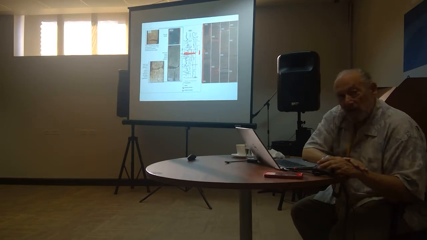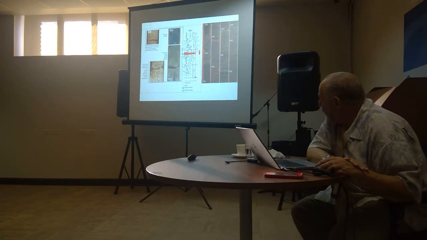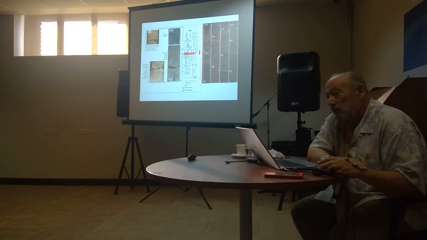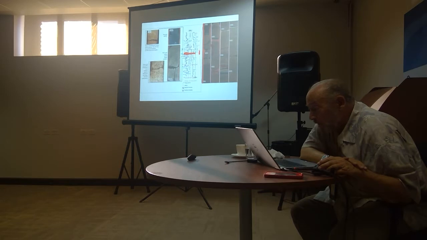And you can see a couple of things here. One is relatively coarse grained. These are little pebbles right in here. Pebble bed, so relatively coarse grained. You can see some bedding planes. There's a bedding plane right here.